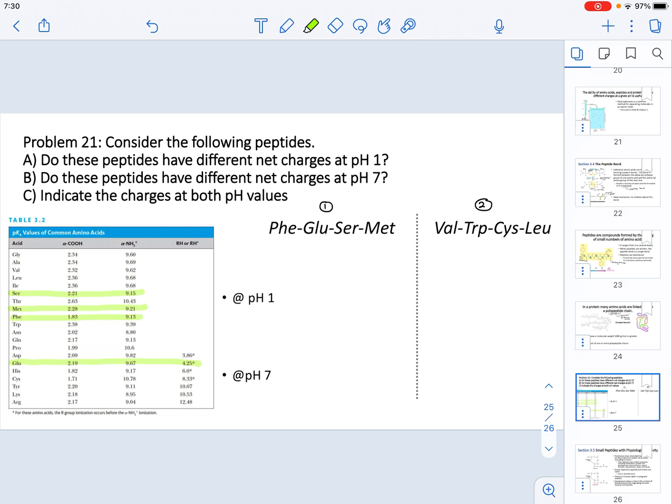Then, when I'm looking at how pH is affecting my peptide, I'm going to look specifically at the functional groups that are exposed in these pH conditions. Remember, when we have a peptide, and I'm just going to redraw it, the nitrogen in the first amino acid is exposed.